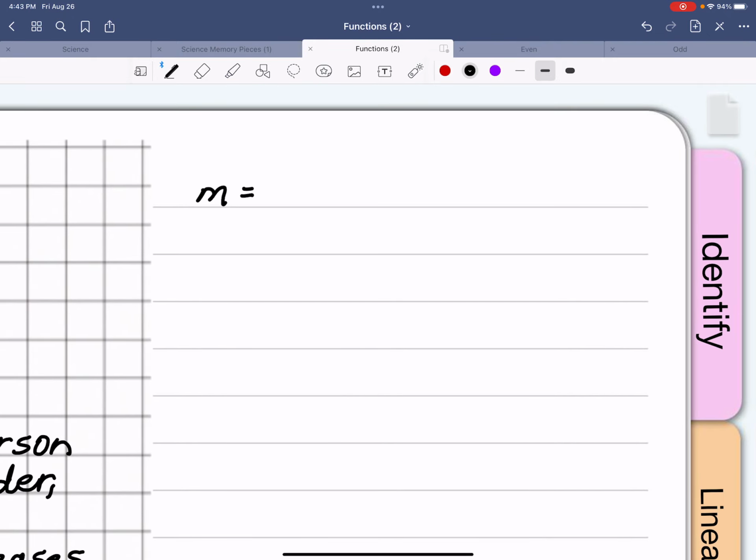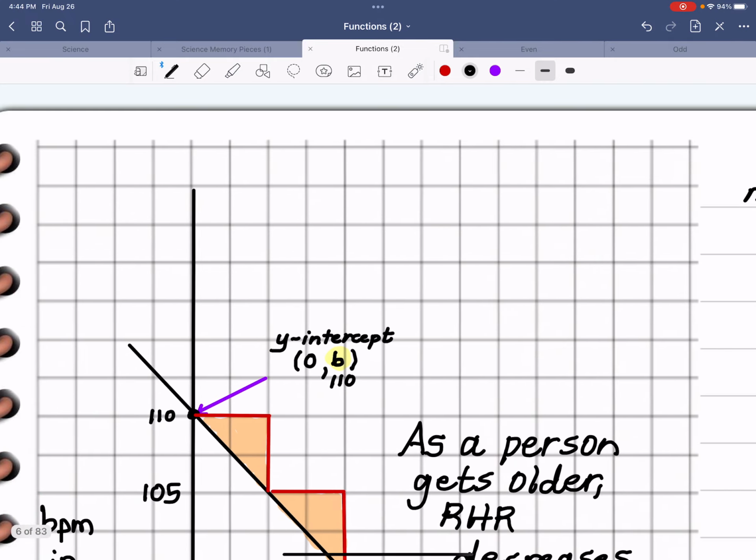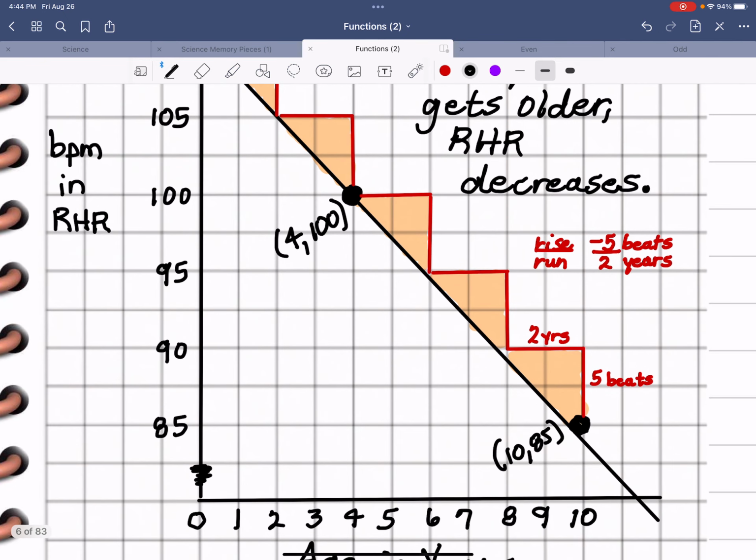Say it with me. Slope is y sub 2 minus y sub 1 over x sub 2 minus x sub 1. And let's look at these points. I'm going to let this be x1 and this be y1, x2 and y2.